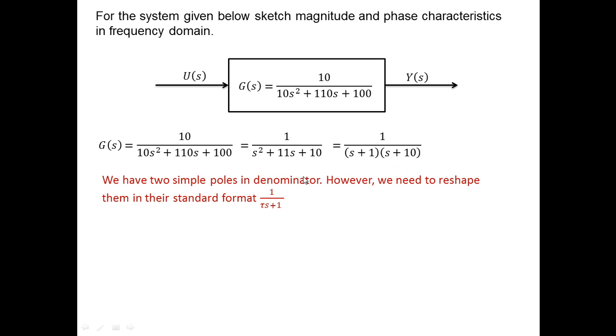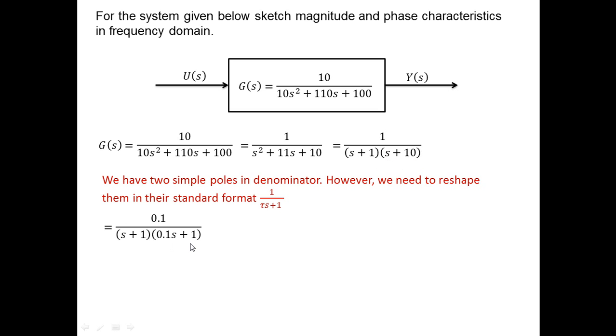We know that the standard format of a pole in a transfer function is of the form 1 over tau s plus 1. Here tau for the first component is 1, but for the second one, tau is 0.1.